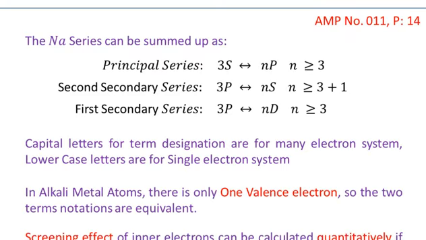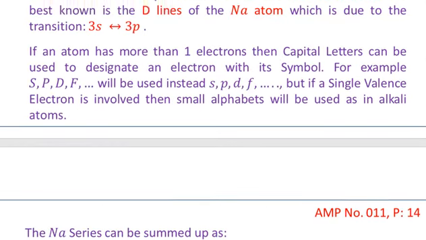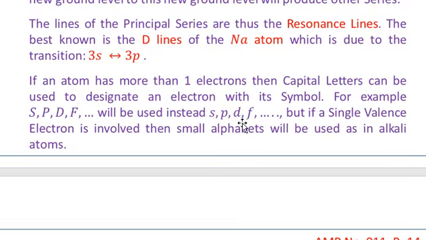But you know that for alkali atoms, you can either use small letters or capital letters, because alkali metal atoms are multi-electron atoms. So considering the alkali metal atoms as multi-electron atoms, you can use capital S, capital P, capital D, and capital F to denote different electrons.